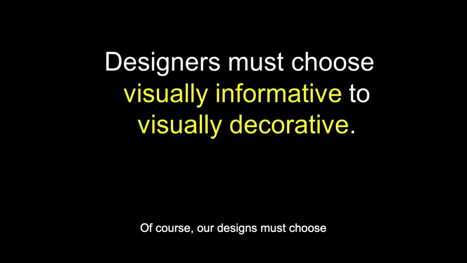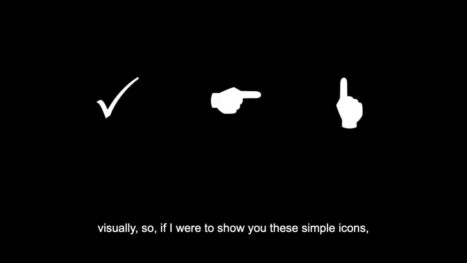Of course, our designs must choose to be visually informative to fully visually decorative. There's a lot of ways, though, that we think visually. So if I were to show you these simple icons, you might say, well, there's a check mark and there's someone pointing to the right and someone pointing up.